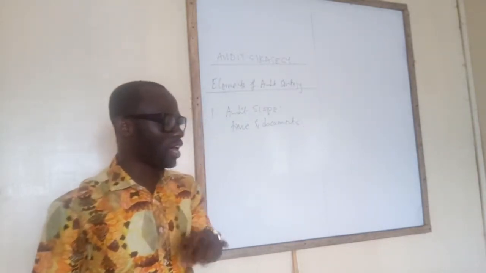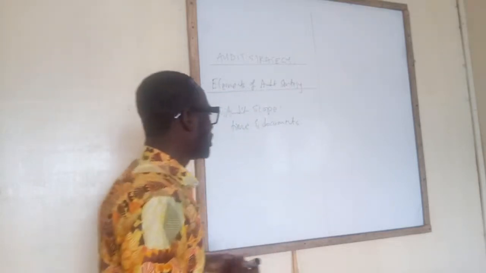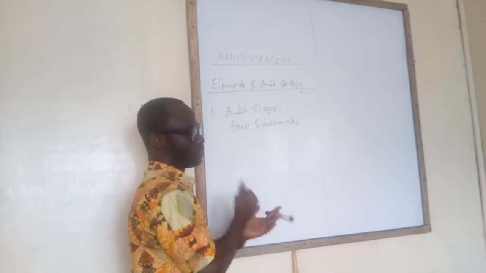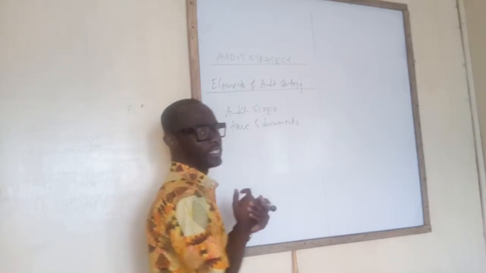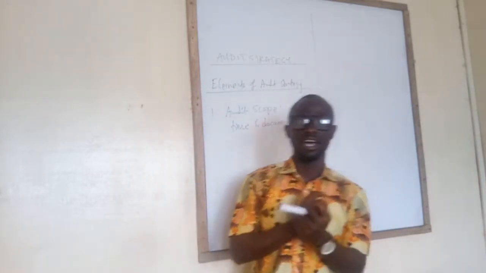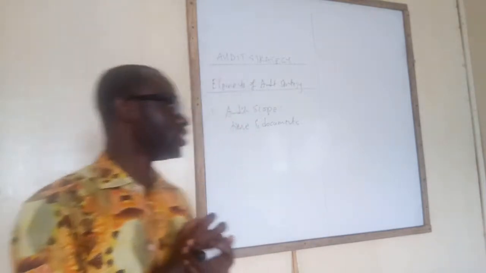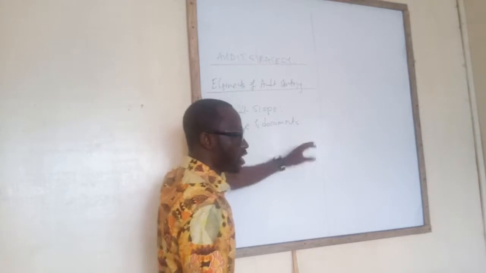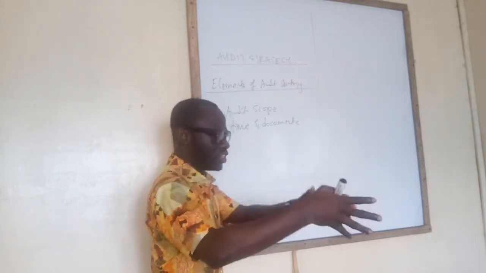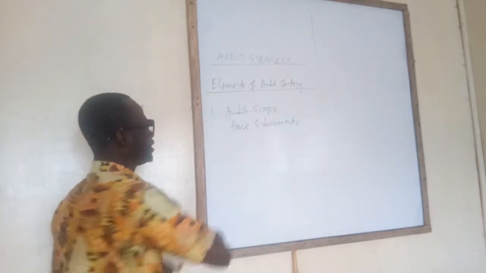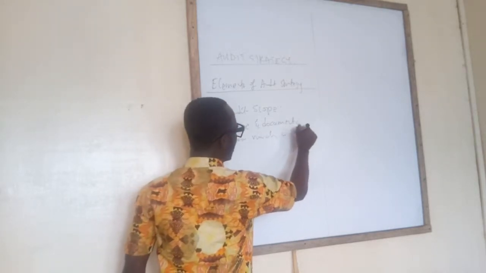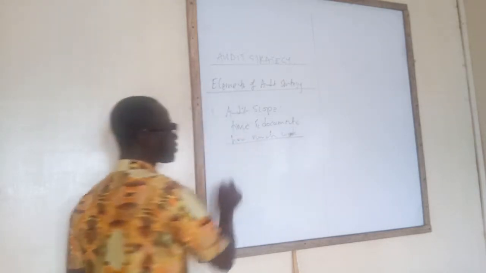So in a simple language, the scope of the audit simply means how much work must be done or is expected to be done under this assignment. The amount of time and documents involved in the audit. So it is how much work that we will undertake under the audit.